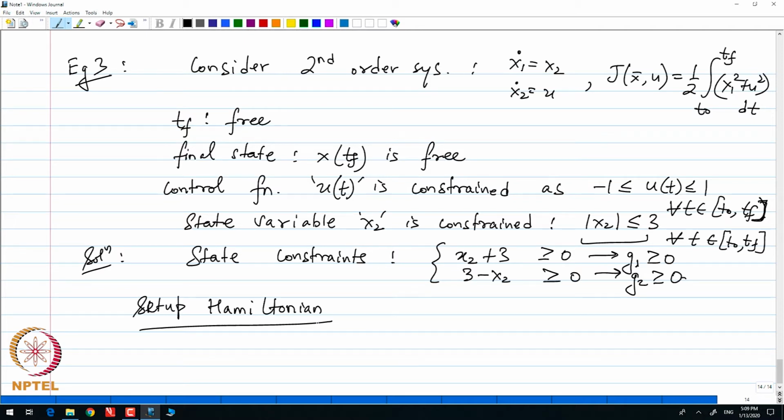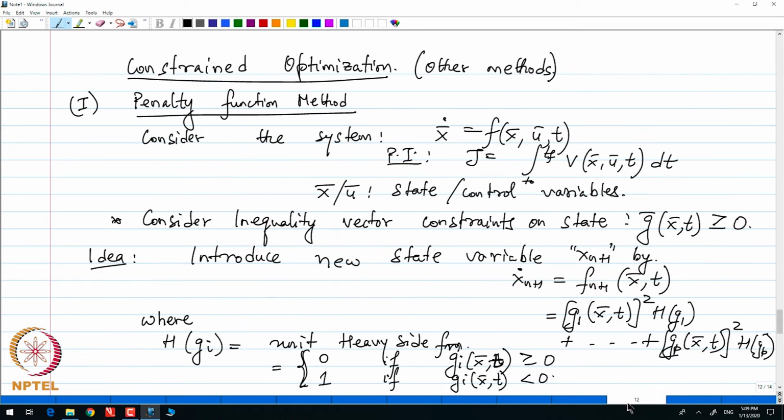So, let me just slightly mention the constraint optimization we are doing is the constraint on the state variables. Okay. The control variable follows the same as my Pontryagin minimum principle, fine.